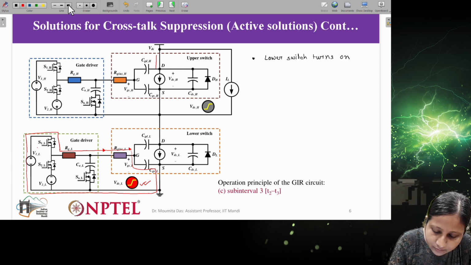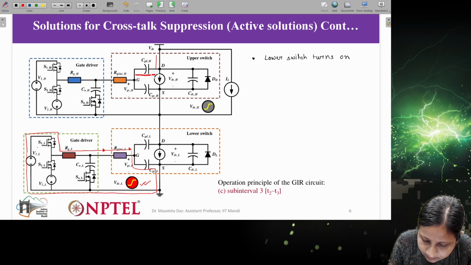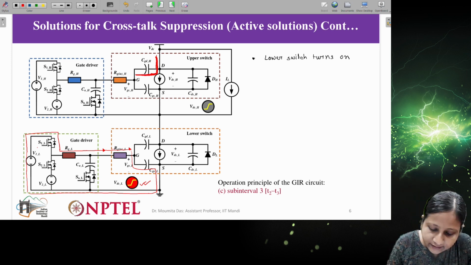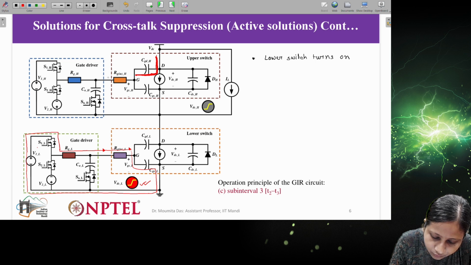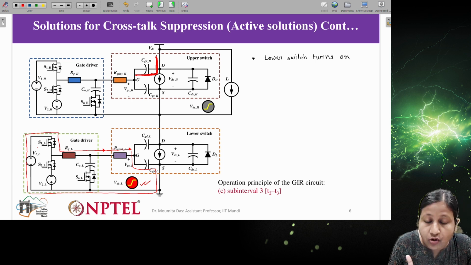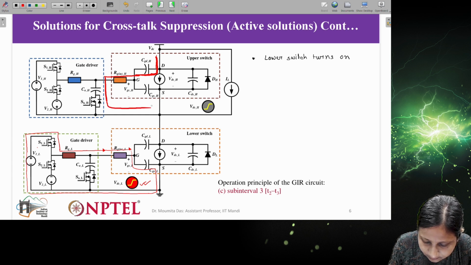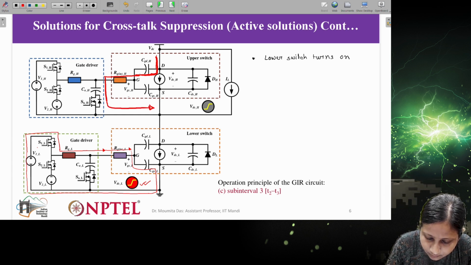Let me use the thicker line so that it will be highlighted properly. So through this capacitance, it will find the path through the internal resistance of the switch, and then flow through the auxiliary capacitance AH. Okay.